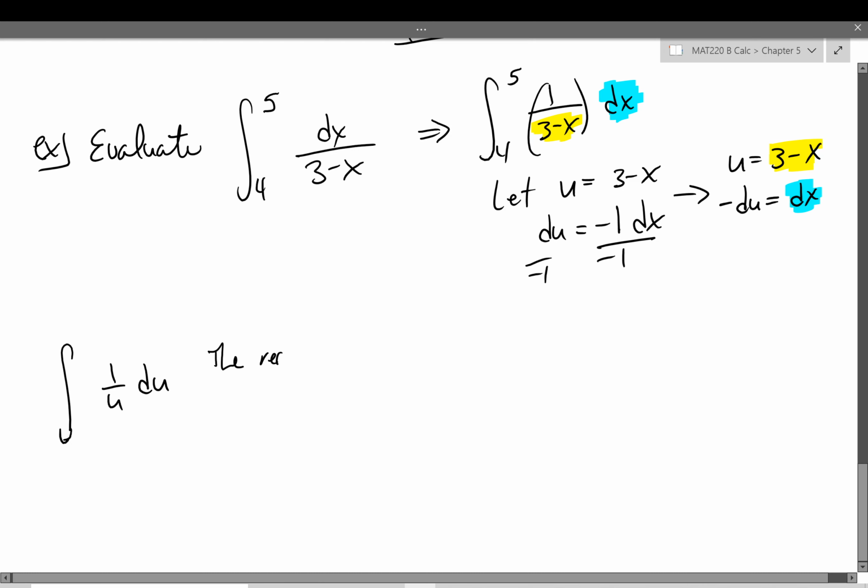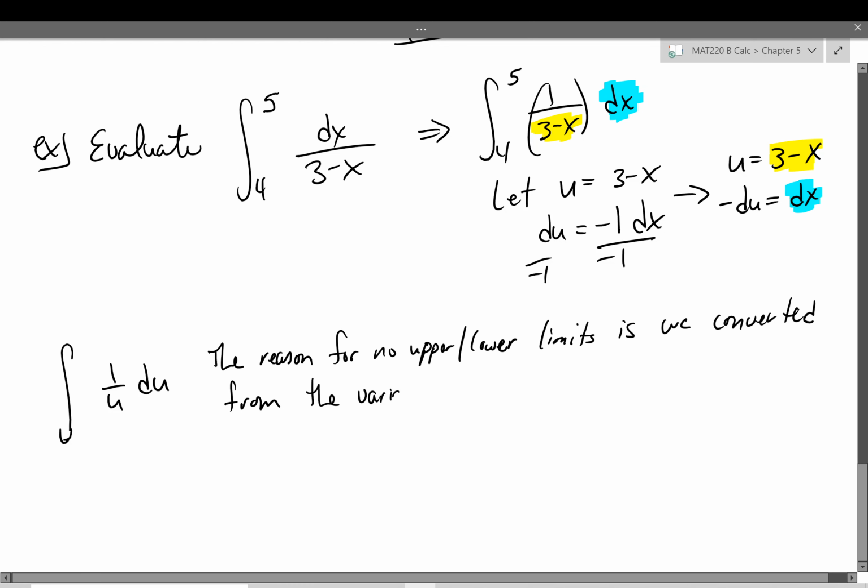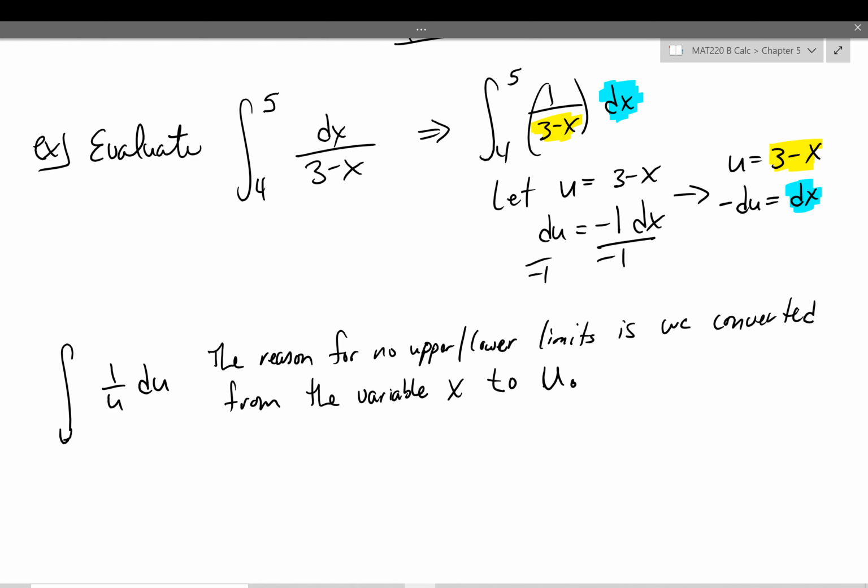The reason for no upper/lower limits is we converted from the variable x to the variable u. We made that substitution. So 4 and 5 are no longer valid entries for the letter u. They only work for x.